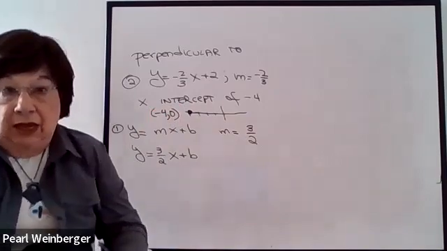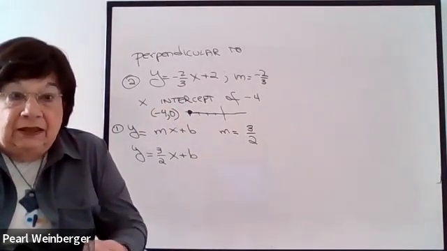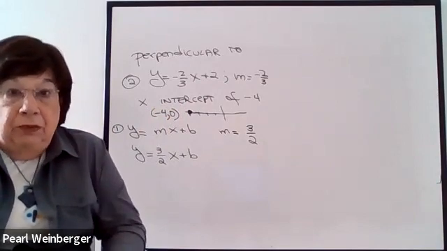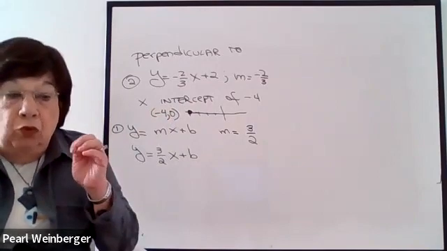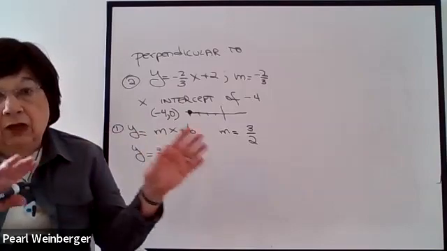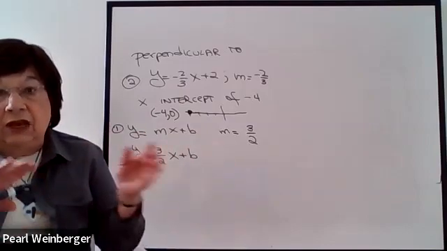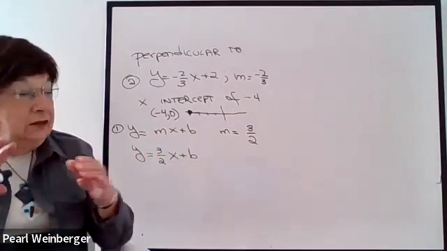Anytime they give you an x-intercept, they're giving you a point where the y is 0. Anytime you're given a y-intercept, you're given a point with the x being 0. It's just the opposite. With the x-intercept, the y is 0. With the y-intercept, the x is 0.